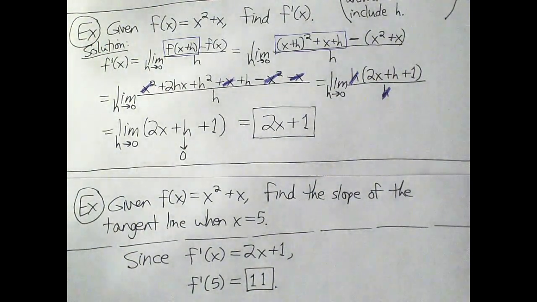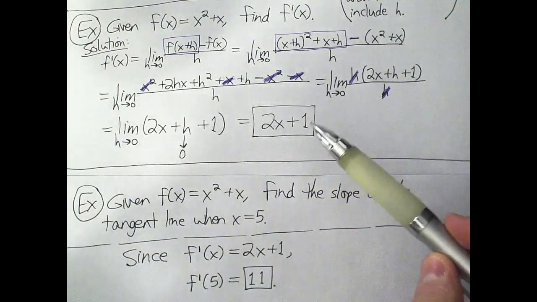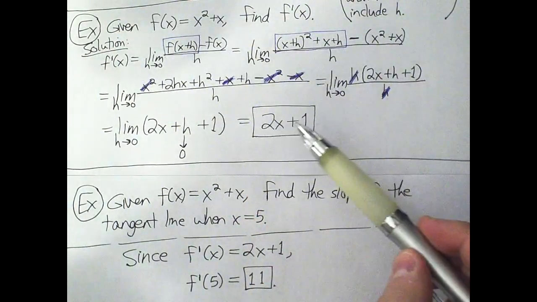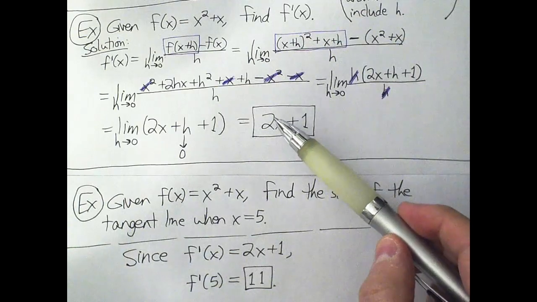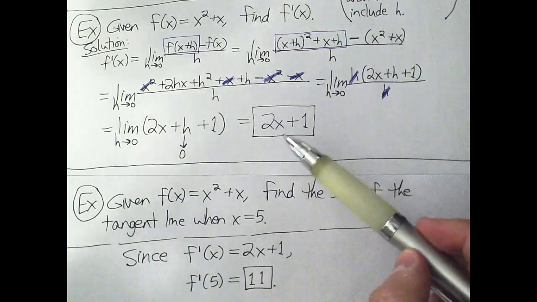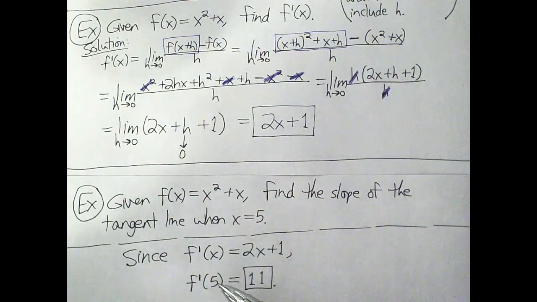What if you wanted to know the slope of the tangent line when x is 7? Just put 7 into 2x plus 1. If you want to know the slope of the tangent line when x is 100, put 100 in for x. So what's nice about doing the derivative in this general way, where we leave x as a variable, is you can very quickly get the slope of the tangent line at any x value you want, and you don't have to redo the problem for each x value.